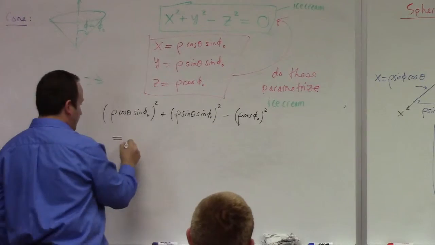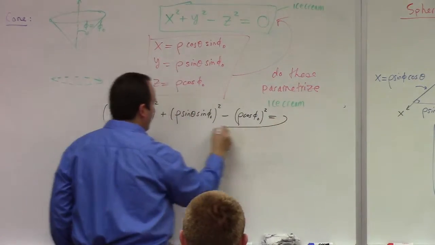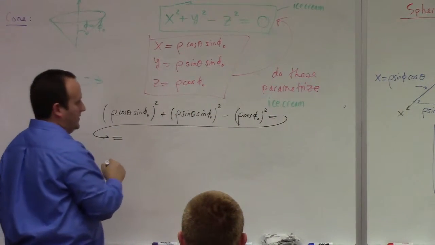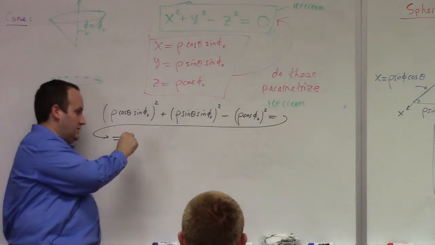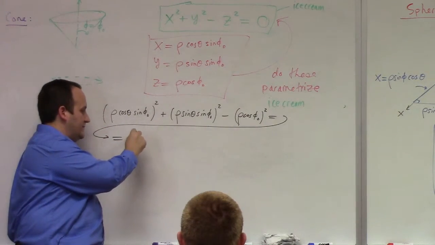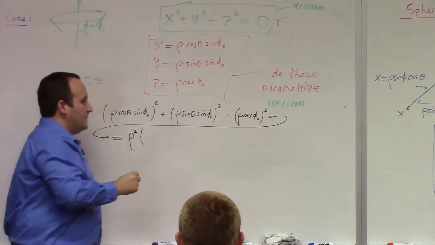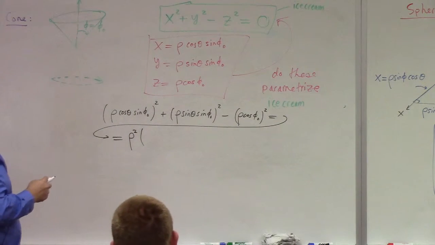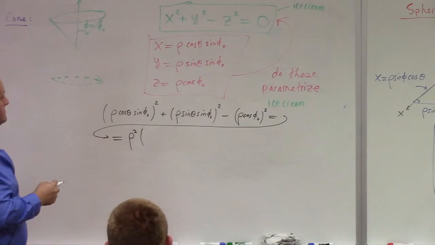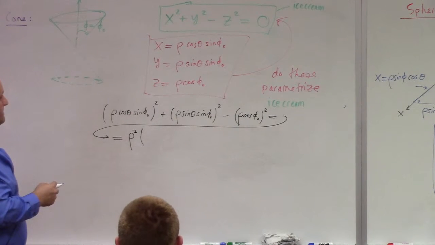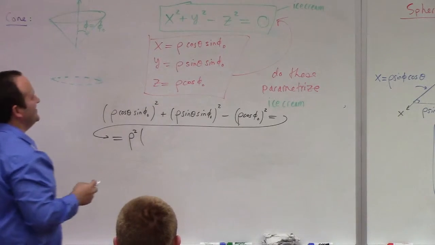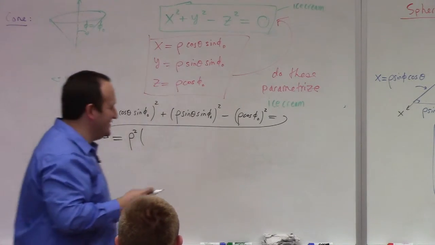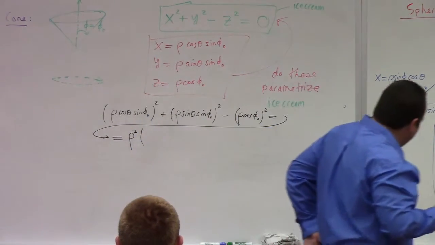What's this work out to? Is there a rho squared everywhere? Yeah, we got rho squared. I'm worried. It doesn't look to me like I'm going to get 0.